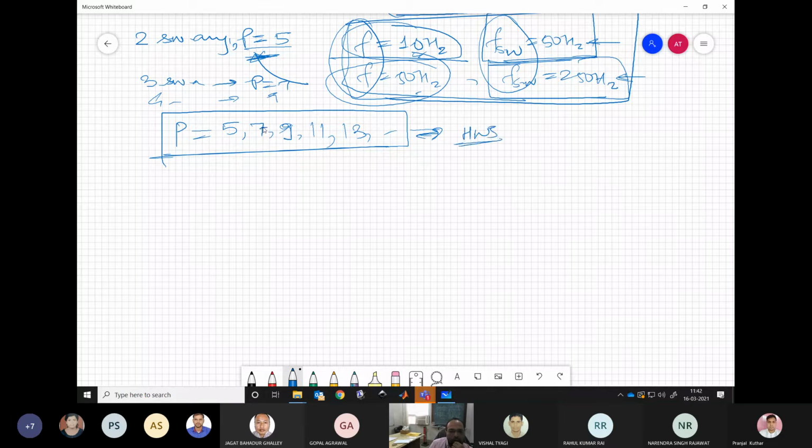If we are maintaining odd pulse number, means our switching frequency is an odd multiple of our fundamental frequency, P into F. If it is an odd multiple, means our half-wave symmetry is automatically maintained, and then we will not have any even harmonics. So first of all, any integer number P is correct for having full wave symmetry, and then the odd number for half-wave symmetry. This is what this indicates also.